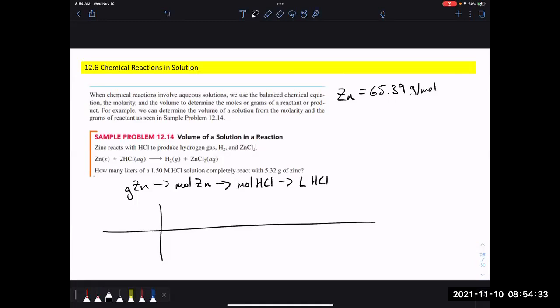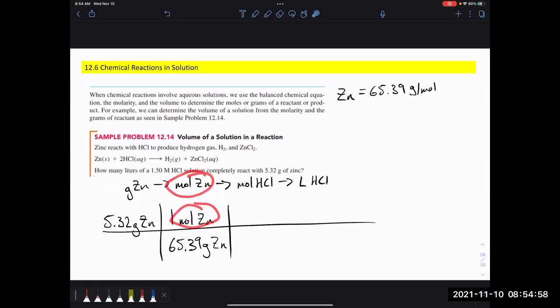So we're going to have our 5.32 grams zinc, 65.39 grams of zinc for every 1 mole zinc. And so now we have moles of zinc. So now we want to calculate moles of HCl.